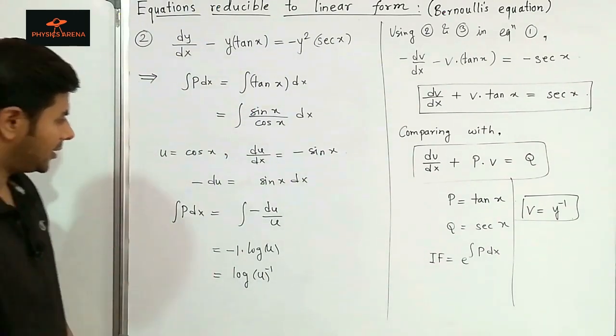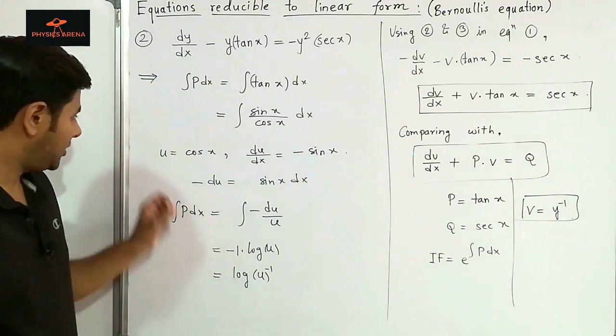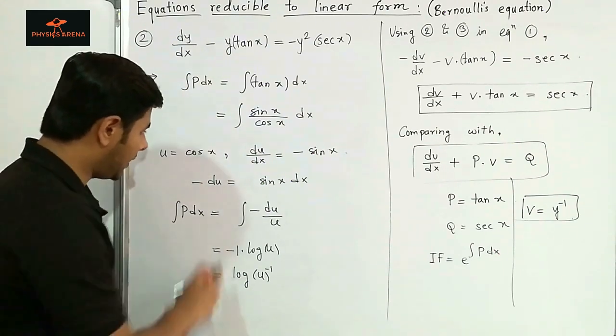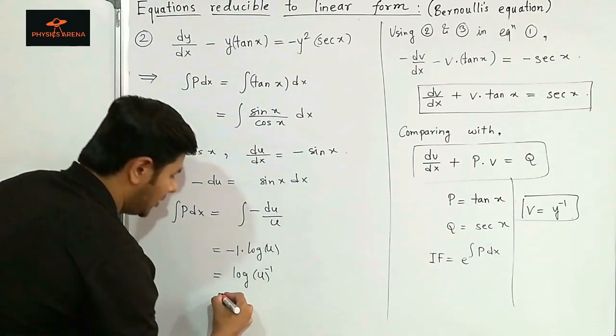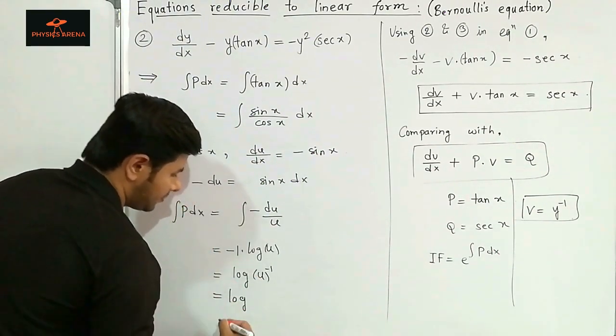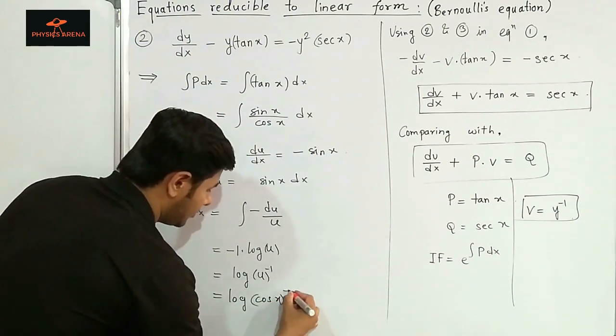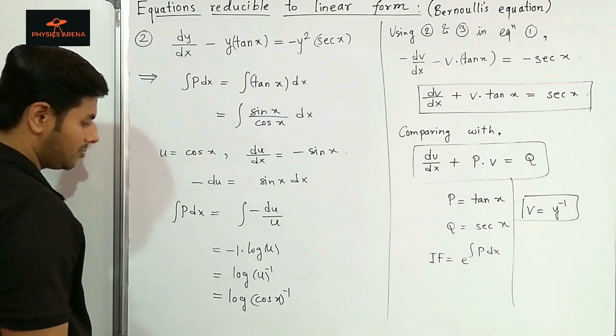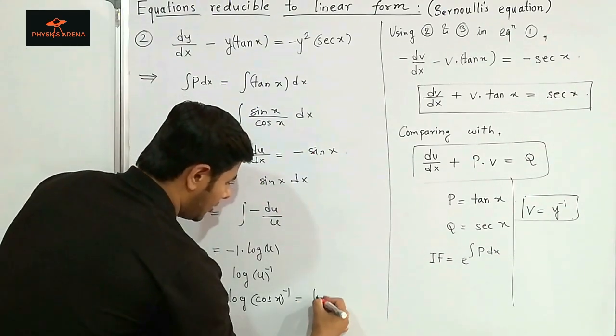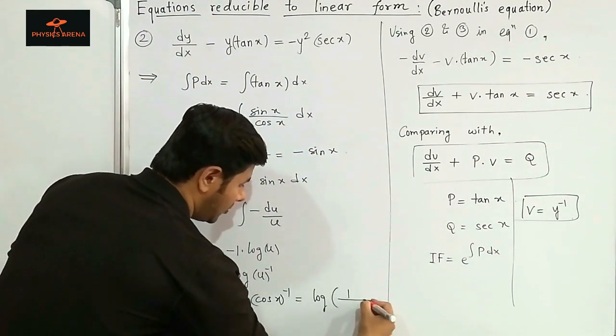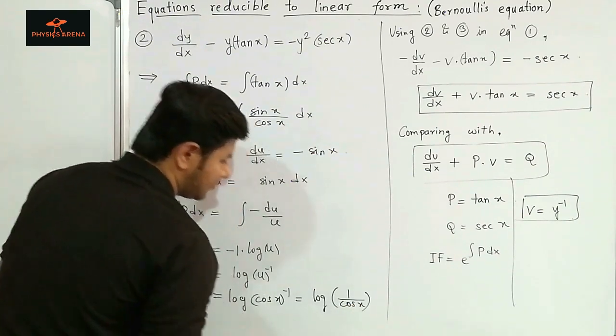So this is this integral. And then u is cosine x. I can use that. So this is log of cosine x raised to minus 1, which is log of 1 over cosine x. Okay.